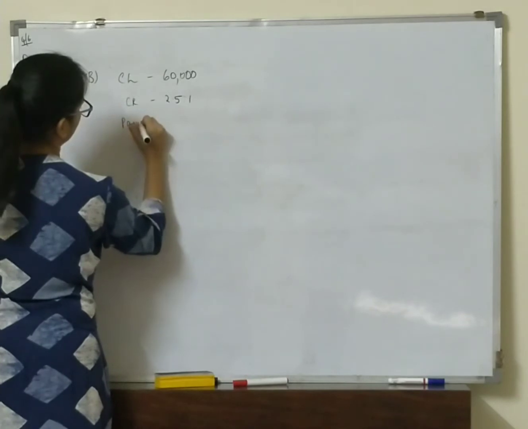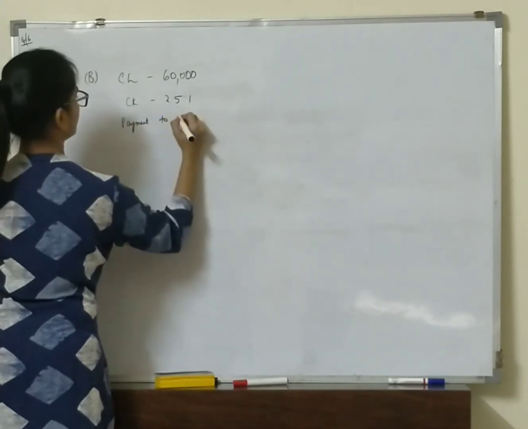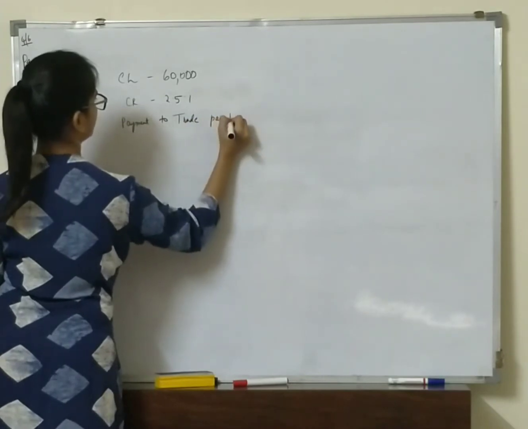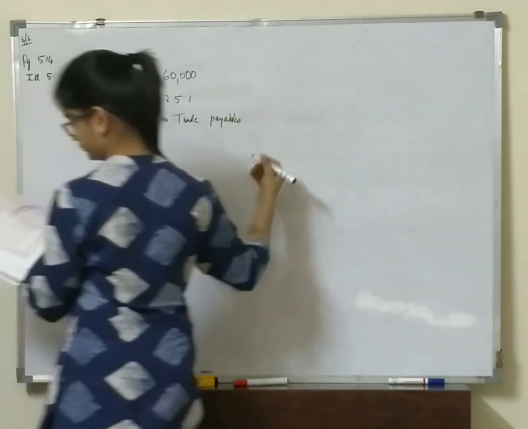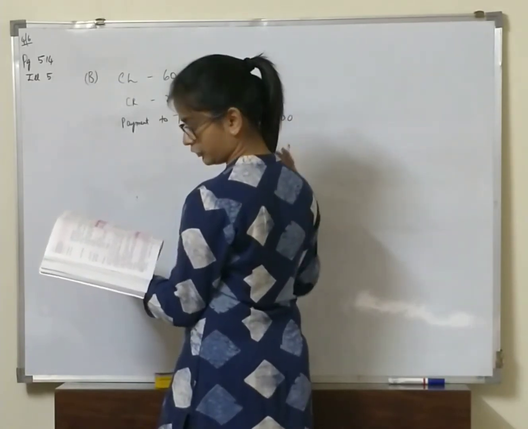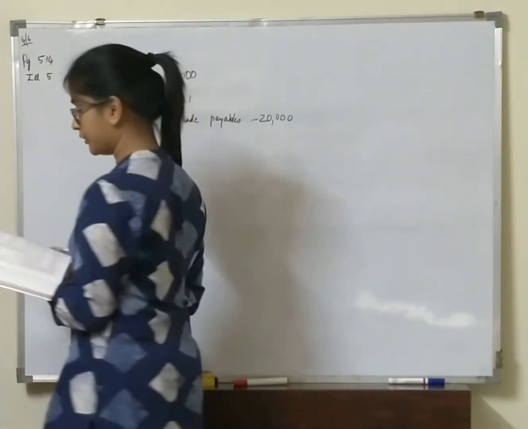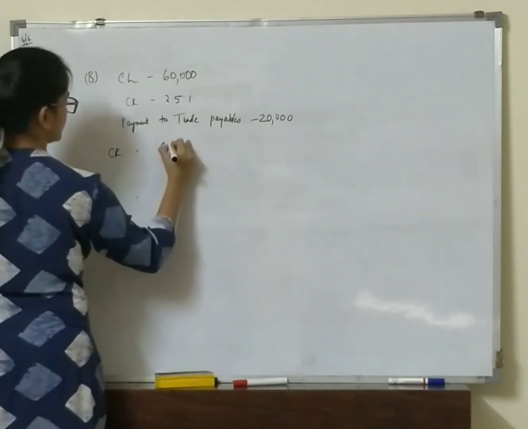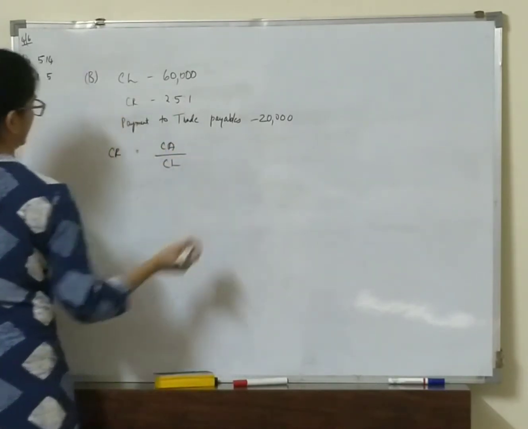Payment to trade payables. Trade payables are nothing but your creditors. How much is paid? 20,000. So calculate the current ratio after the payment. So what's the formula for current ratio? Current assets divided by current liabilities.